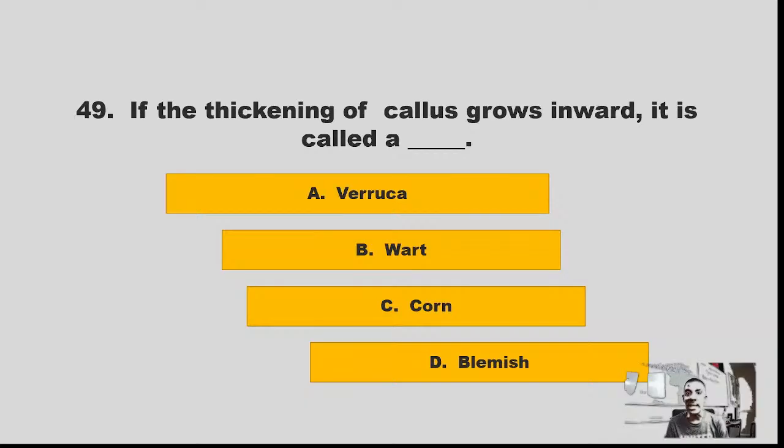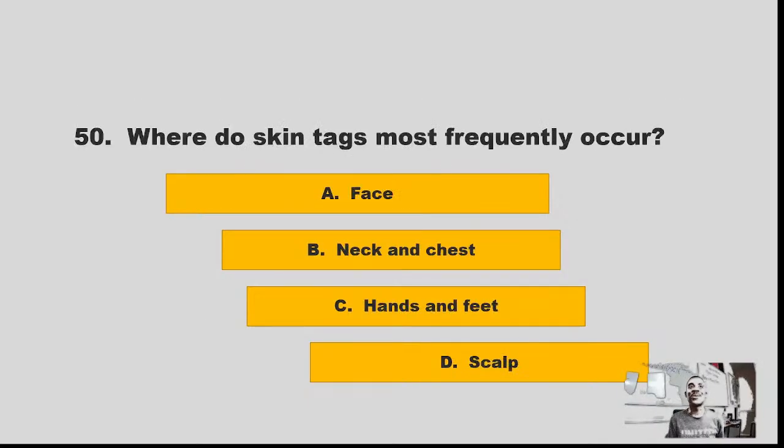A, B, C, or D. And if you chose C, corn, then you are correct. Good job. All right. Where do skin tags most frequently occur? Is it the face, neck and chest, hands and feet, or scalp?